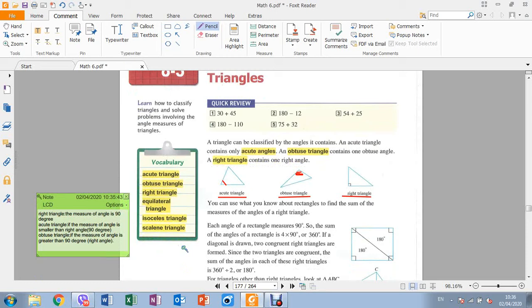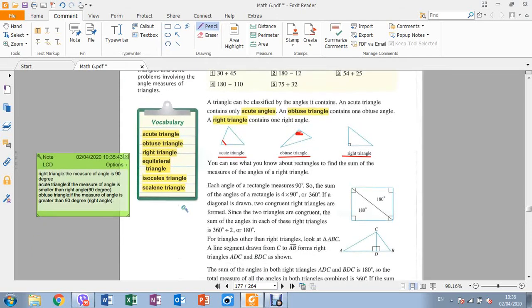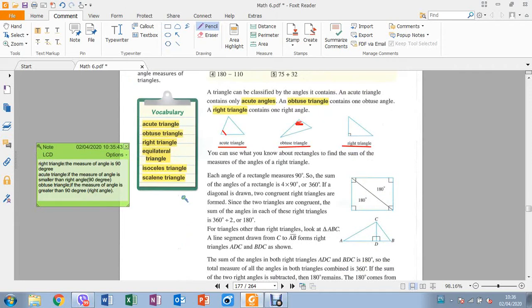You can use what you know about rectangles to find the sum of the measures of the angles of a triangle. For example, we have this rectangle.